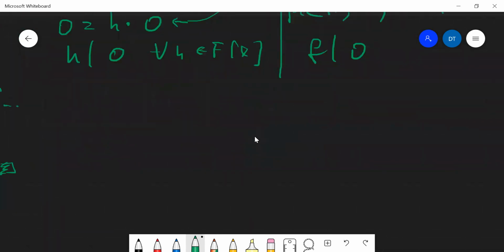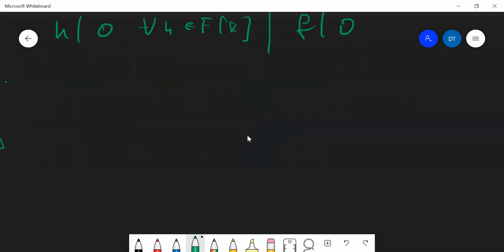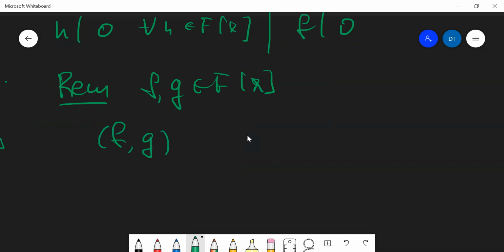So there is the Euclidean algorithm. We need one simple remark. If we have two polynomials, f and g, and say we have another polynomial h, then the greatest common divisor of f and g is exactly the same as the greatest common divisor of f and g minus h times f.